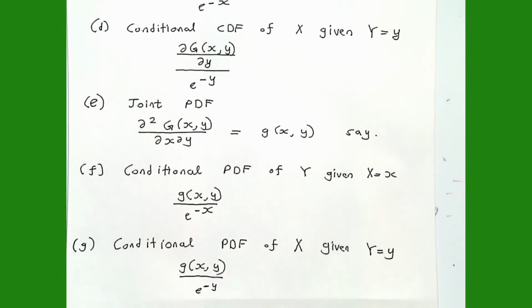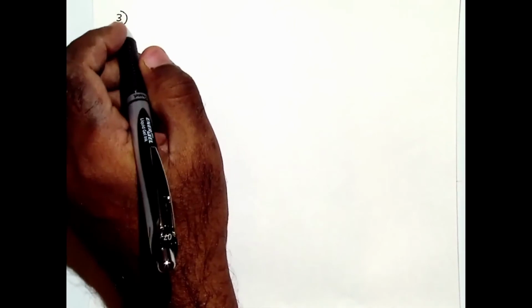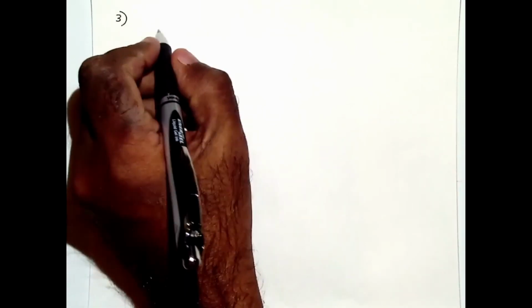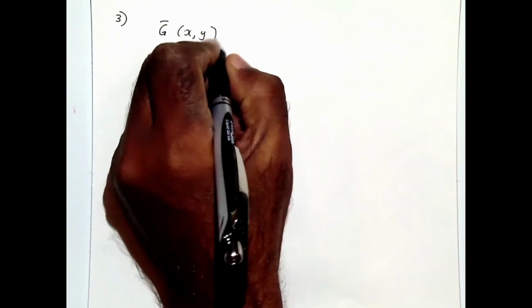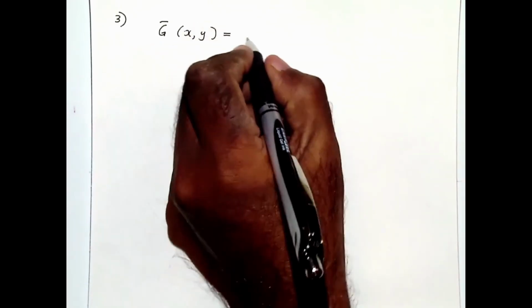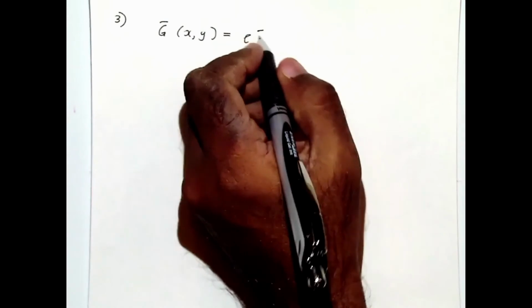All right, so this completes question 2 on sheet 12. In question 3, we have G bar of x comma y equal to this.